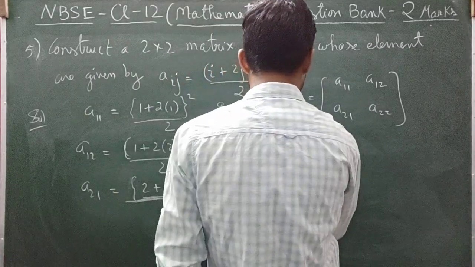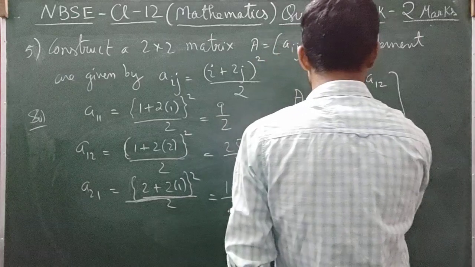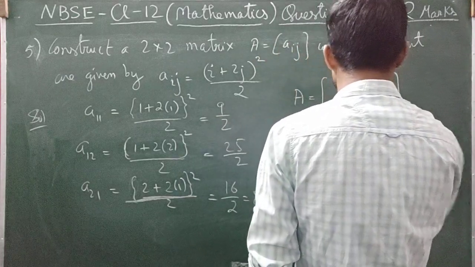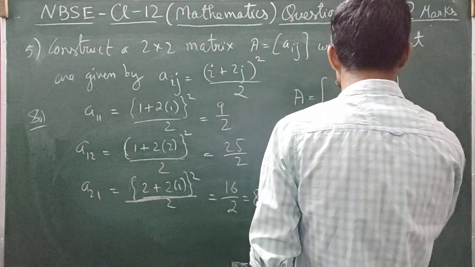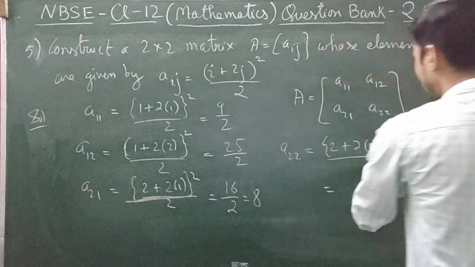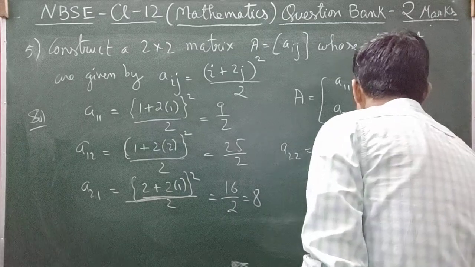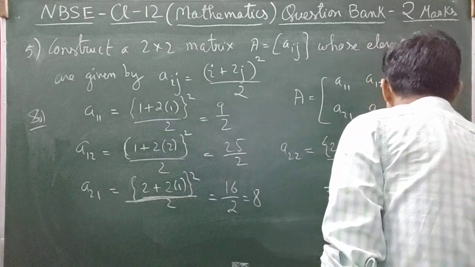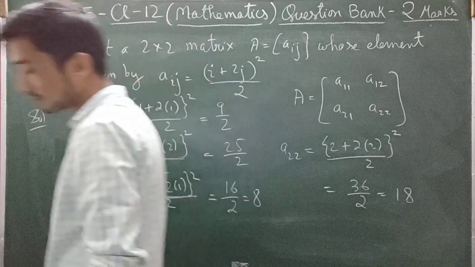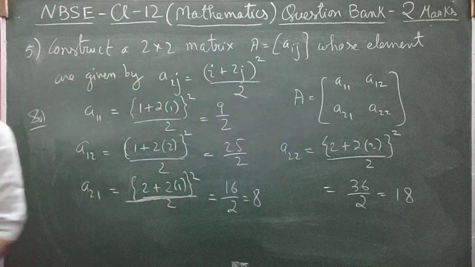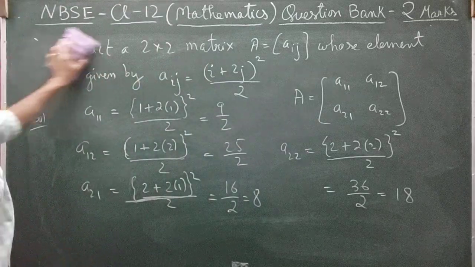And lastly, A22 will be 2 plus 2 into 2 whole square divided by 2. So that will be 2 plus 4, 6. 6 square, 36 divided by 2. So that's going to be 18. Alright? Okay.